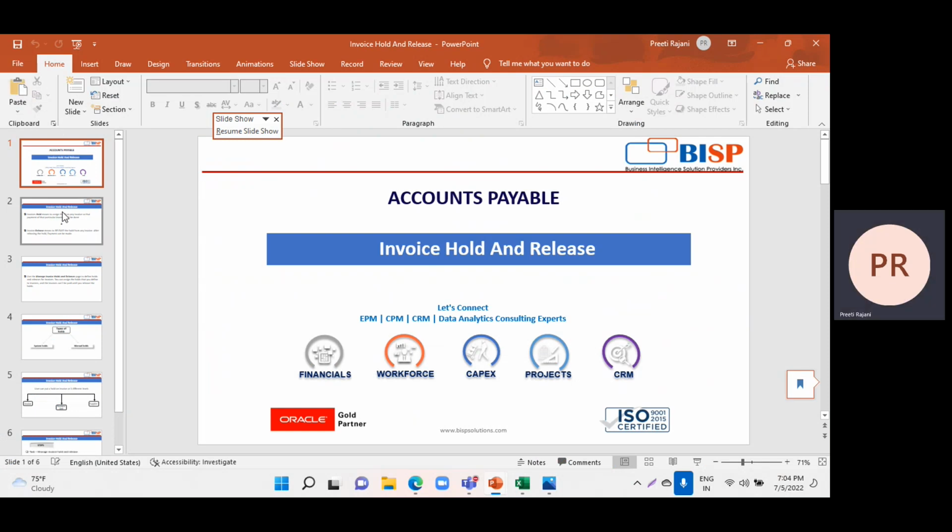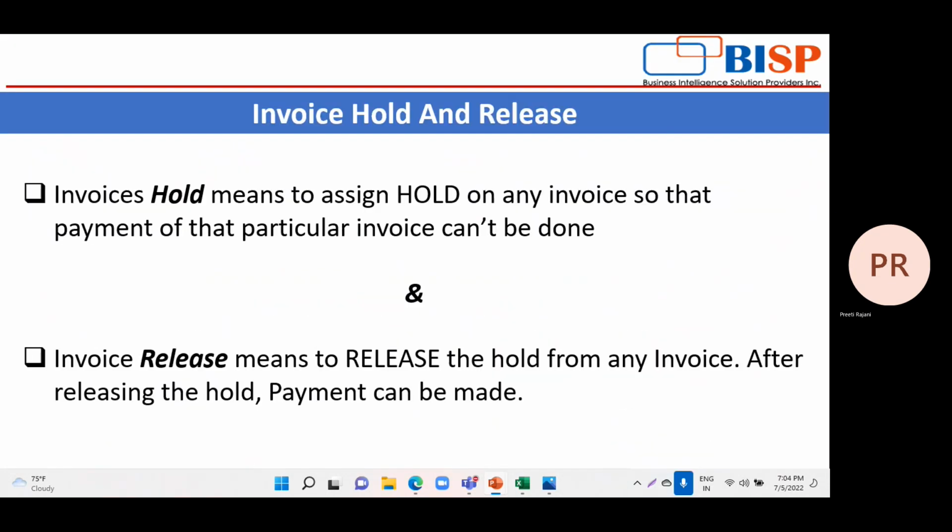So what is invoice hold and release? Invoice hold means to assign a hold on any invoice so that payment of that particular invoice can't be done. Invoice release means to release the hold from any invoice. After releasing the hold, payment can be made.